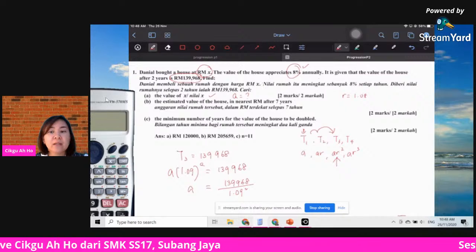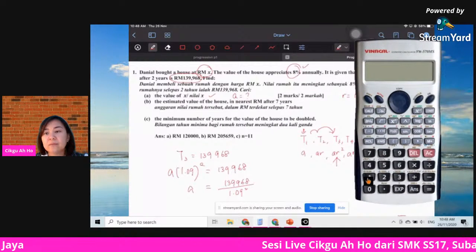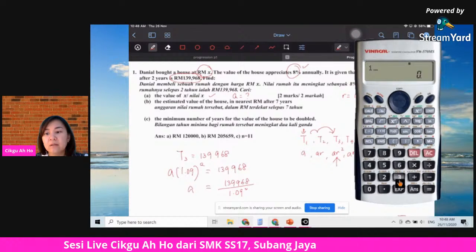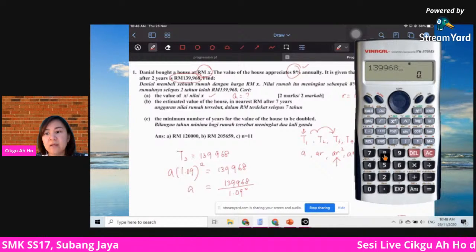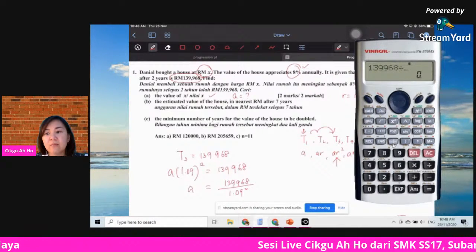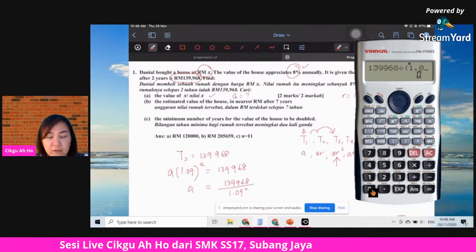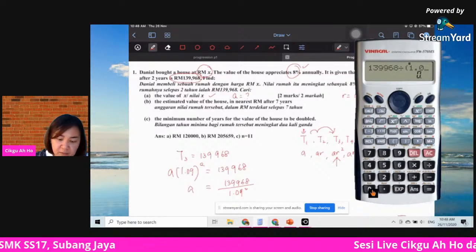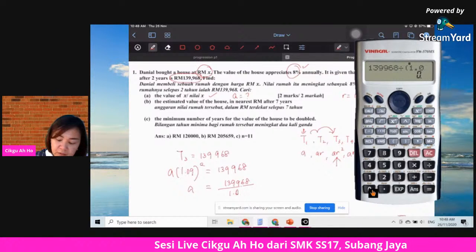So tekanlah kalkulator anda. So 139,968, in bracket lah, bahagi 1.08. Maaf.